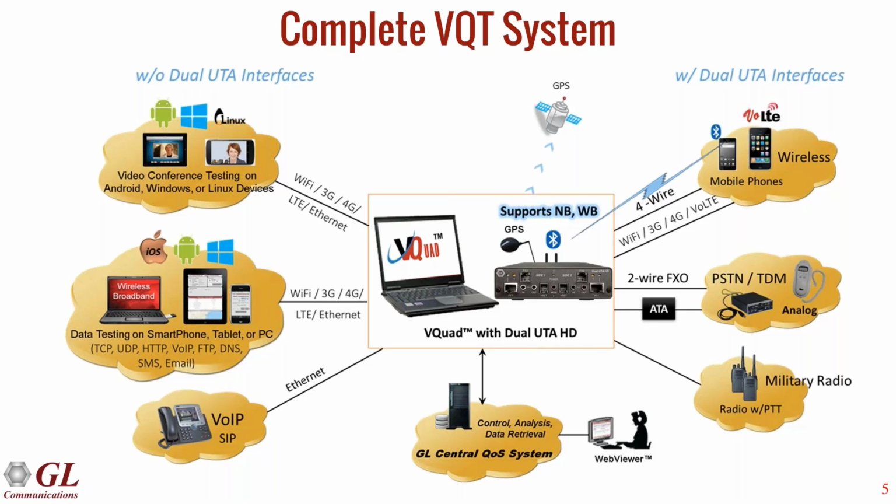We can also connect to any mobile radio. This is our push-to-talk. So we can not only connect to the radio for audio, but also perform the enable and disable of the PTT circuit. And then we can also connect to a mobile phone.